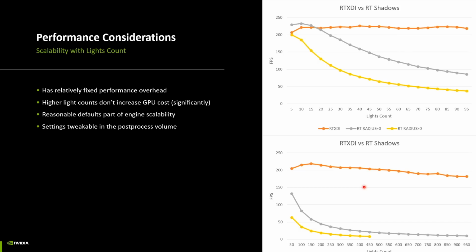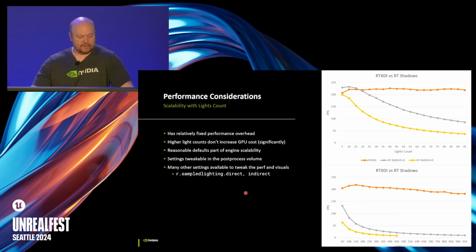Settings are also tweakable now in the post-process volume. In the past, we did this only through CVARs, and now we make it much easier for you to tweak there. And the CVARs have been reorganized and cleaned up. If you looked at this in the past, you would see that it was basically a longer and more labyrinthian set of console variables.